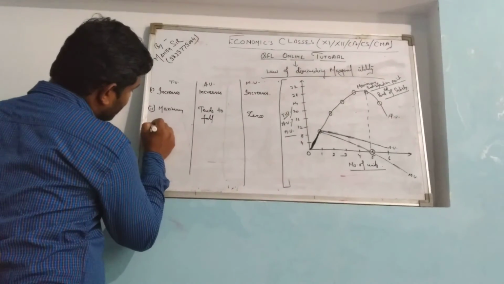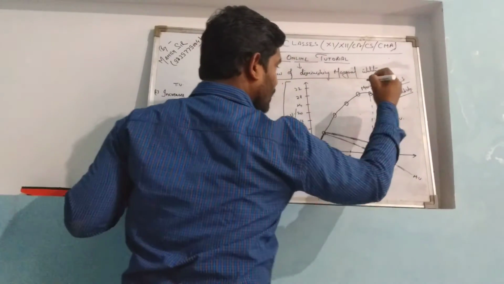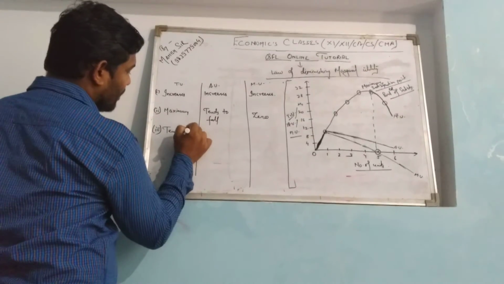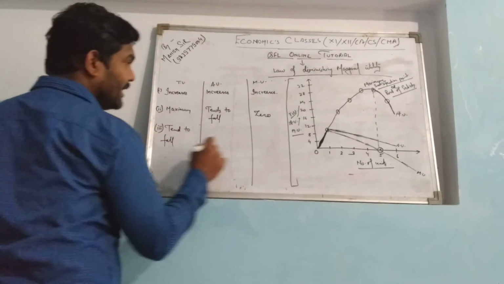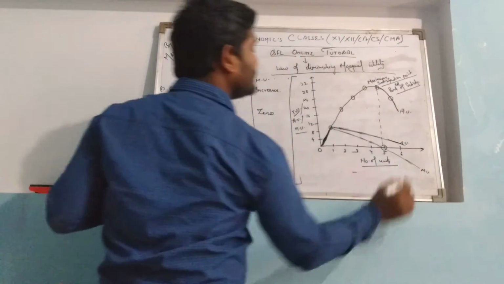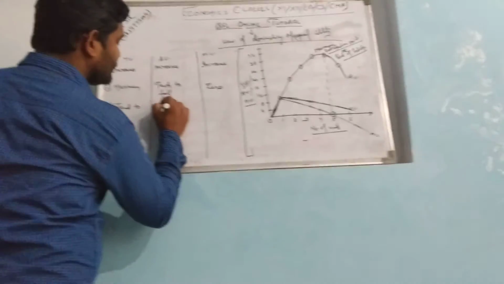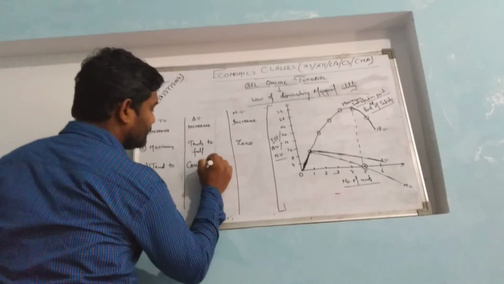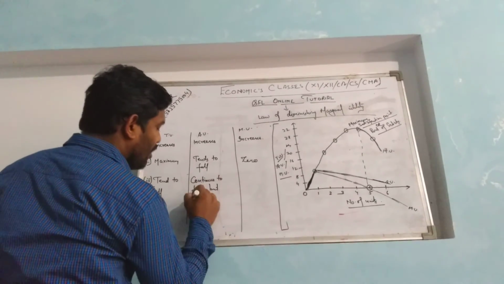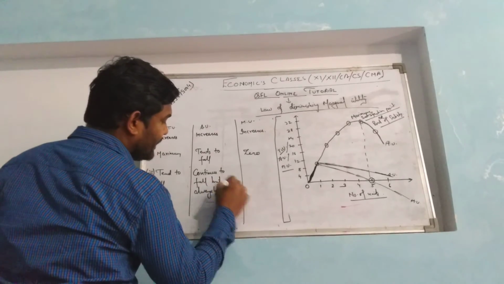Now the third stage, when TU tends to fall, what happens to AU? It continues to fall but always remains greater than 0.